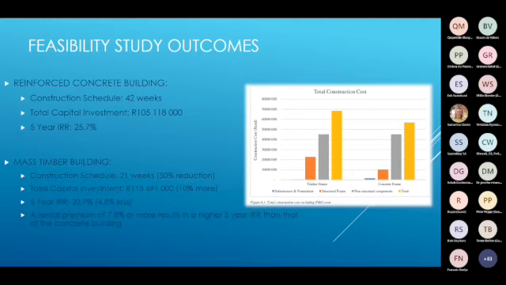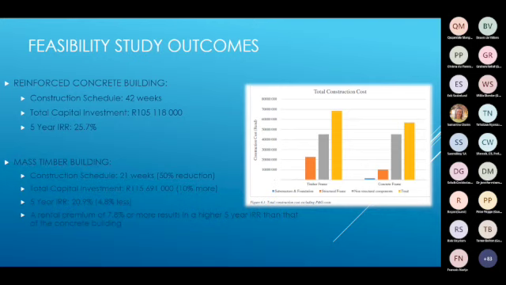We had a focus group workshop with project managers, contractors, and manufacturers that assisted with the construction schedules for both the mass timber and the reinforced concrete building. The total capital investment for the 8-story commercial mass timber building was 115 million, which was 10% more than the reinforced concrete building. This can be expected because it's a more expensive material here in South Africa.